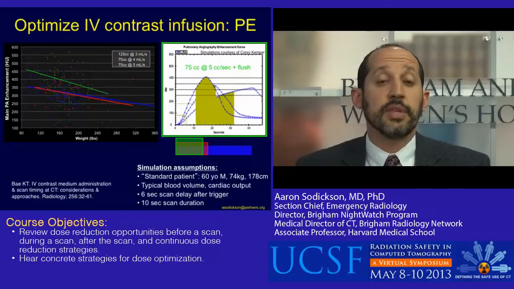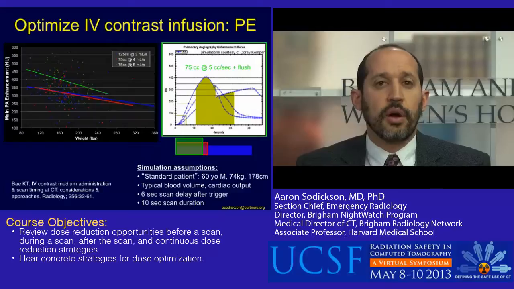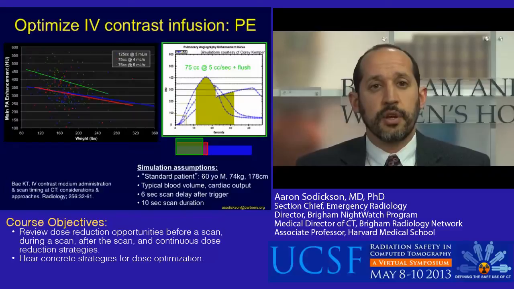As you can see from the data points at left showing the pulmonary arterial enhancement, and from the simulations at right, this really was a lateral move. It didn't really have an overall impact in improving the quality of our scans. But by going to an even higher flow rate, you can see on the green data points here that we have a substantial improvement in our pulmonary arterial enhancement accomplished just by better timing our scan to our IV contrast infusion.